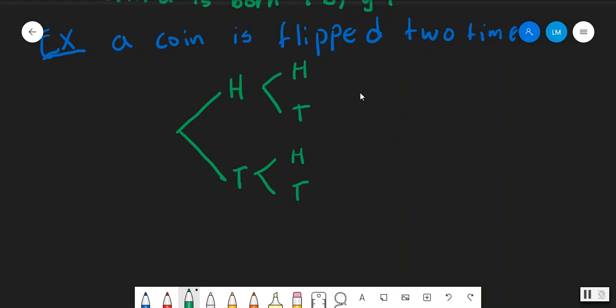So the sample space for the experiment with a coin tossed twice would be heads heads, heads tails, tails heads, and tails tails.